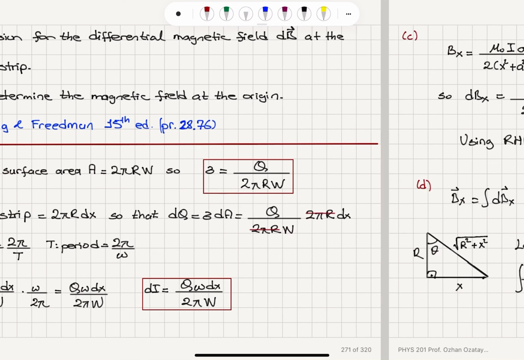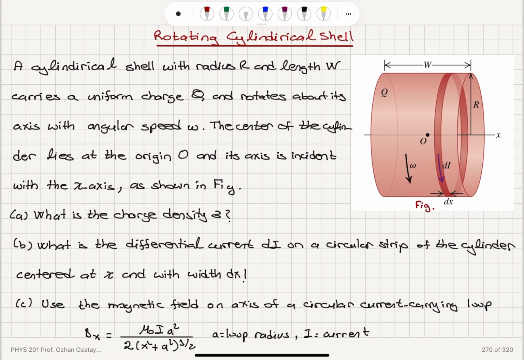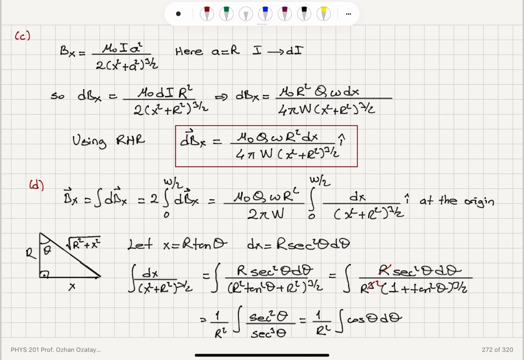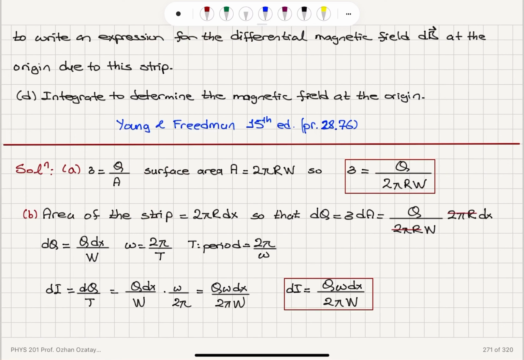And what is the magnetic field due to this strip? Here I use the result for the magnetic field on the axis of a circular current-carrying loop, where the loop radius is capital R and the current is di. Using the right-hand rule, four fingers of the right hand curl in the direction of the current and the thumb points in the i hat direction.